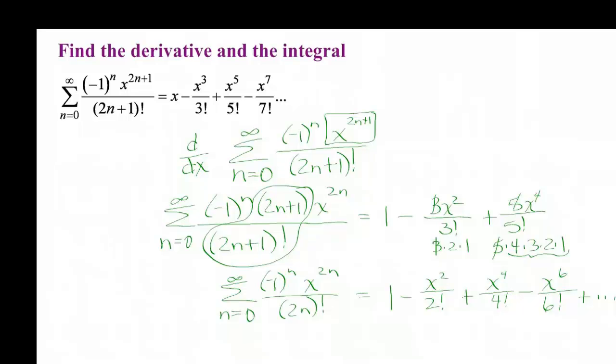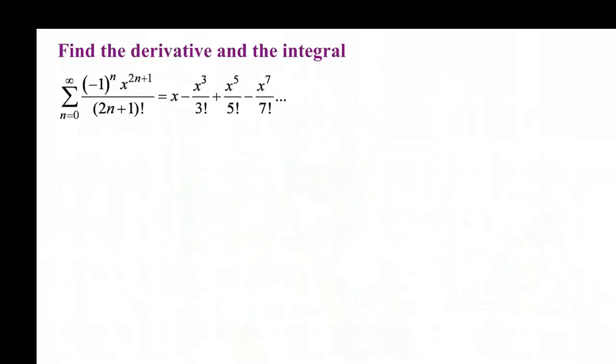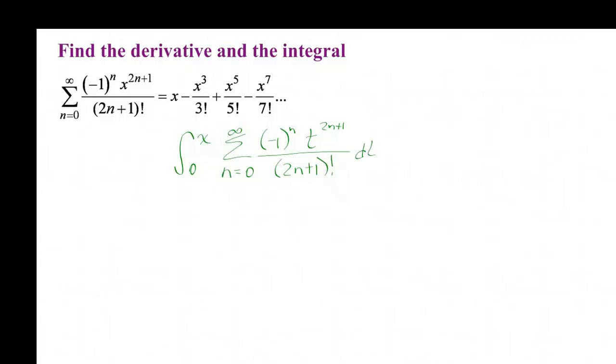All right? So now let's do this same thing, only let's integrate. We would integrate from 0 to x this infinite power series. The alternating term isn't having any effect. Remember that you are now going to put things in terms of t because of this notation.